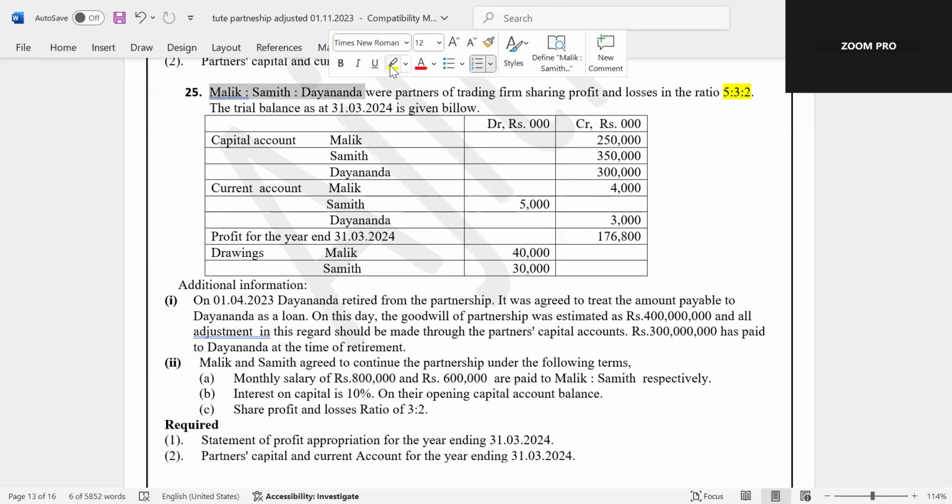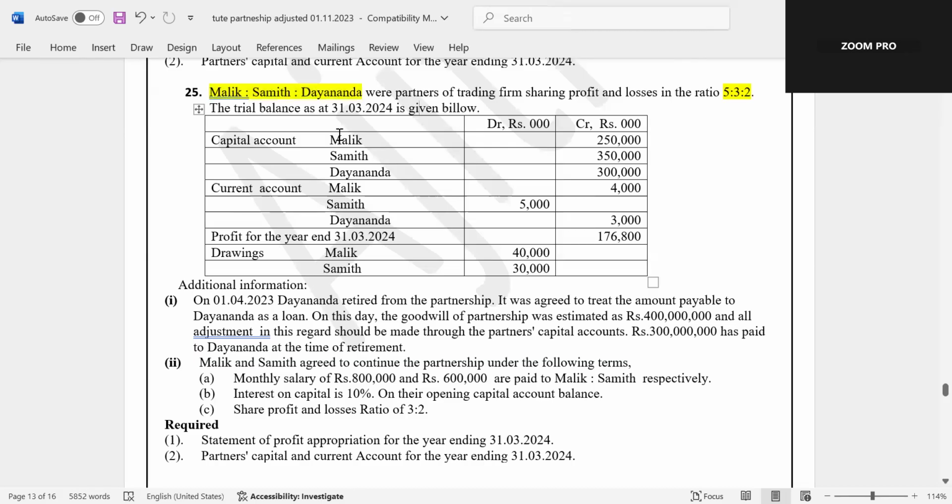And think about the ratio also. And given trial balance 31st March 24, capital account balance is given, current account balance also given, and profit for the year ended 31st March 24 and drawings also given. And additional information, first one, on 1st April 23, Dayanand retired from the partnership.